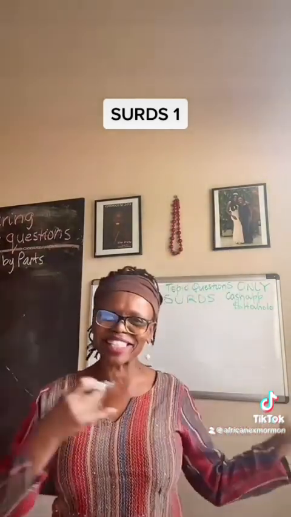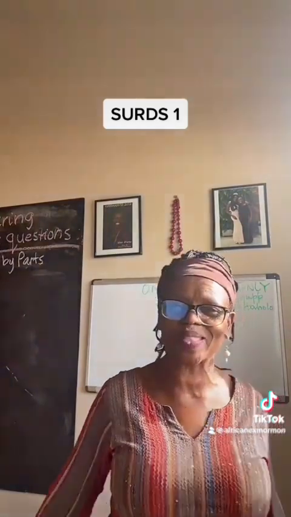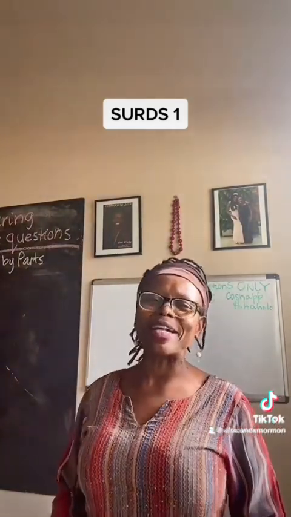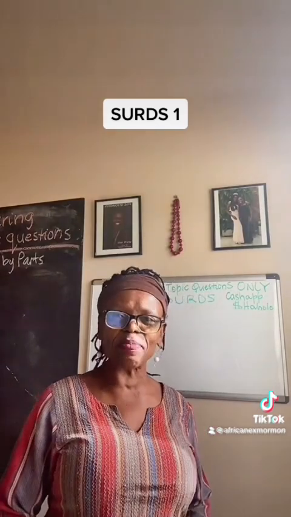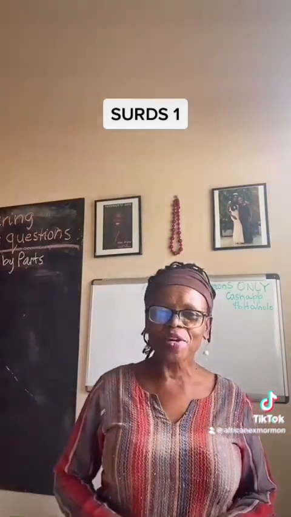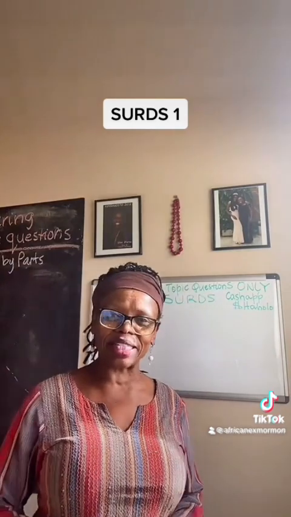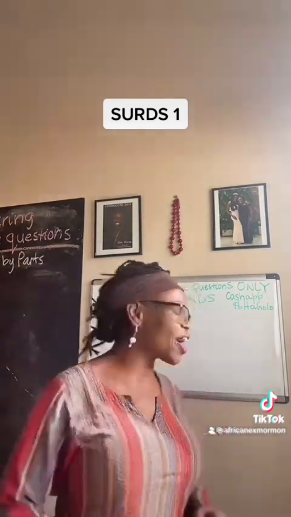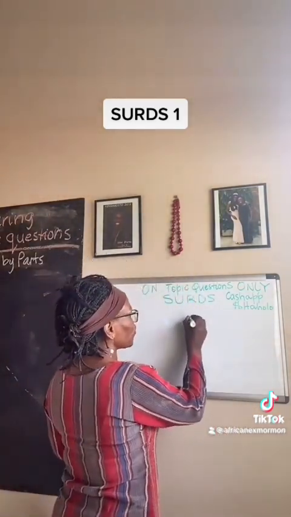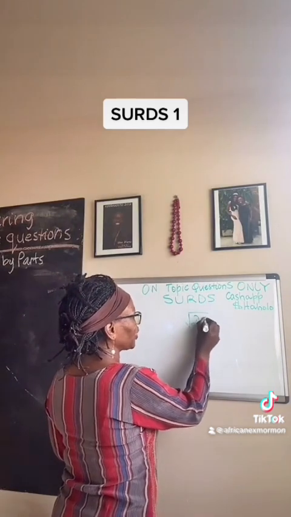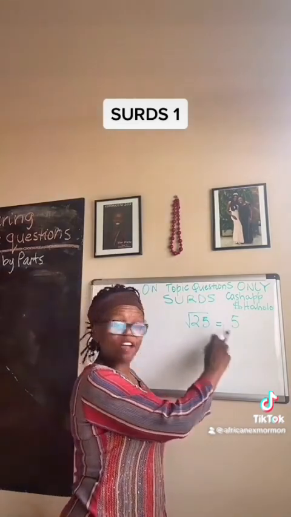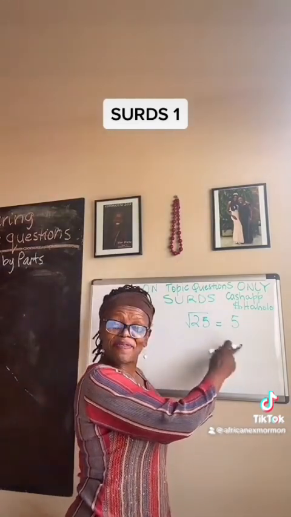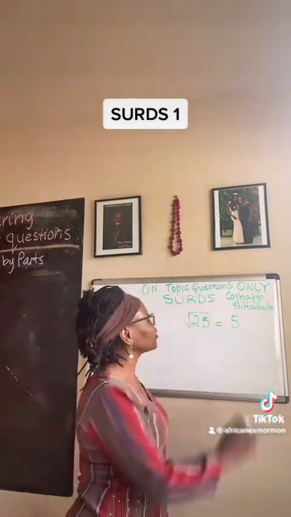That's what brings us to this topic of square roots. 5, yes. So we say the square root of 25 is 5 because 5 multiplied by 5 is 25.